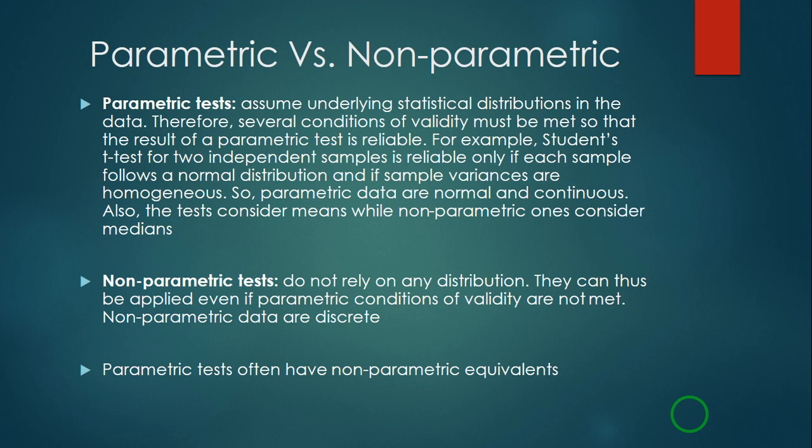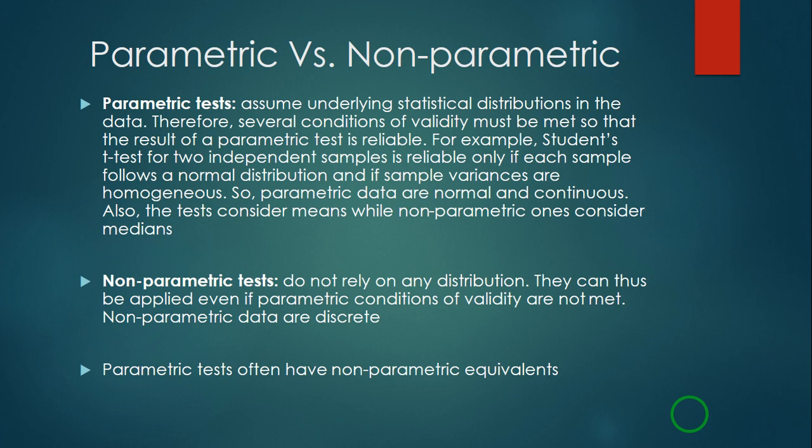Also, the tests consider means while non-parametric ones consider medians. Non-parametric tests don't rely on any distribution, so they can be applied even if parametric conditions of validity are not met. And data in non-parametric tests are discrete.